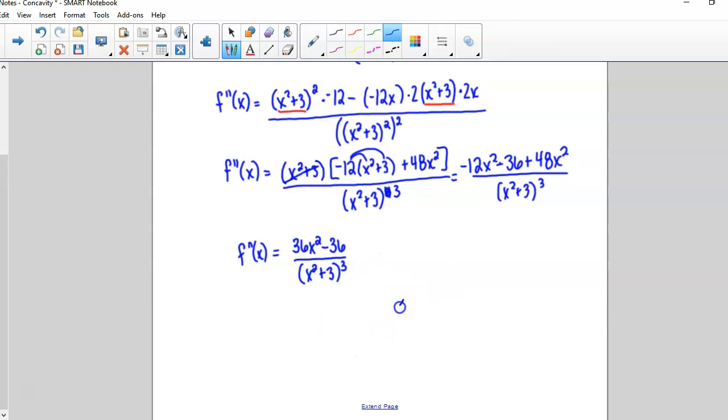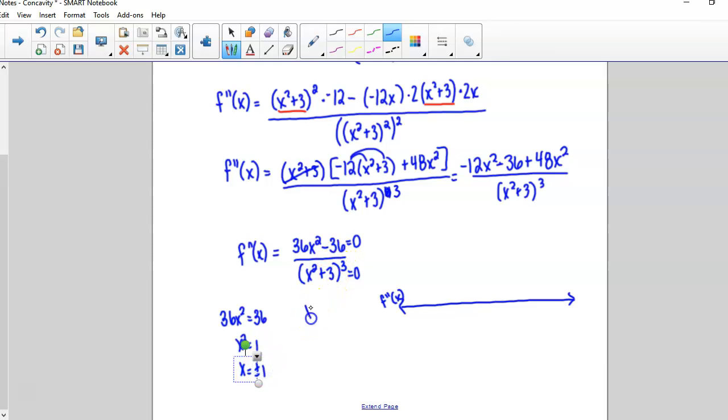So, we are going to make ourselves a chart for this. For this, these are technically not called critical values, because it's the second derivative, but it's like the critical values. You're going to set both of those equal to 0. So you'll have 36x squared equals 36, which means x squared equals 1, which means x equals plus or minus 1.